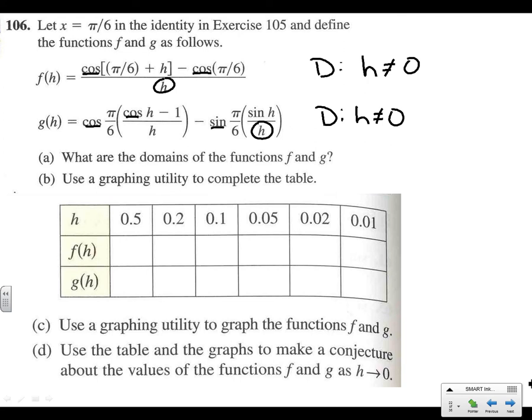All right, let's go ahead and use a graphing utility to complete the table. I'm going to switch over to my graphing calculator.